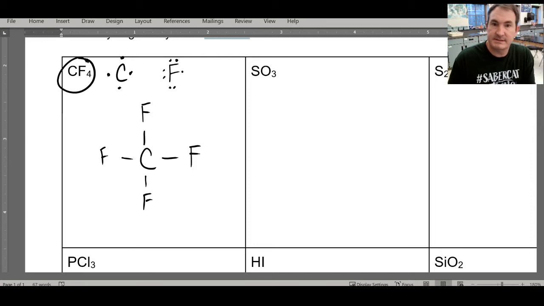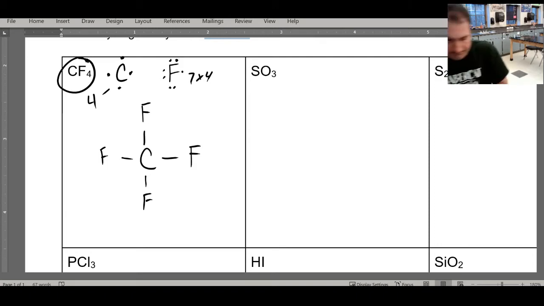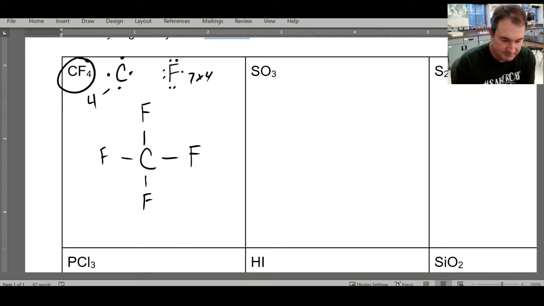Now we need to figure out what's the total number of valence electrons here. So carbon, we have 1 carbon, and there's 4 valence electrons on that one. Fluorine, every fluorine has 7, but we have 4 of those. So 7 times 4 is going to give us 28, all right?